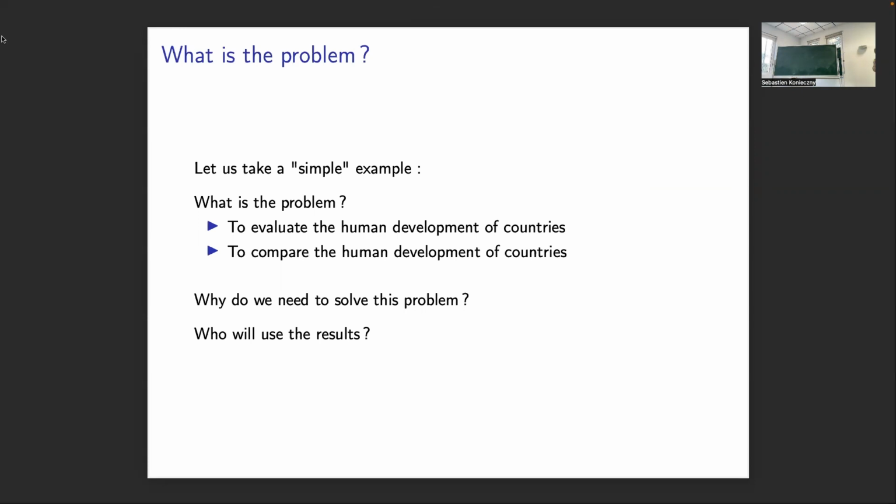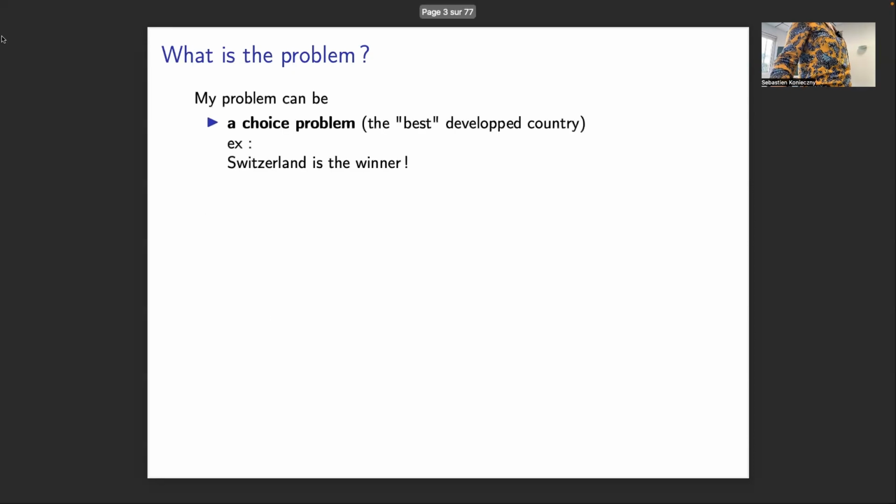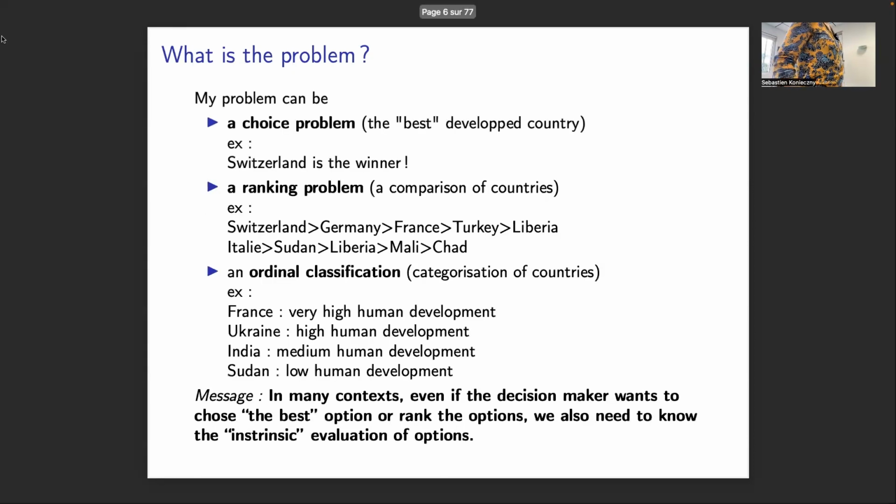In the first presentation, I tried to insist on the modeling part of the problem. The message that I want to say to you is: when you have a problem, you need to think about what your problem is, and don't forget that you have different approaches depending on the problem that you define.